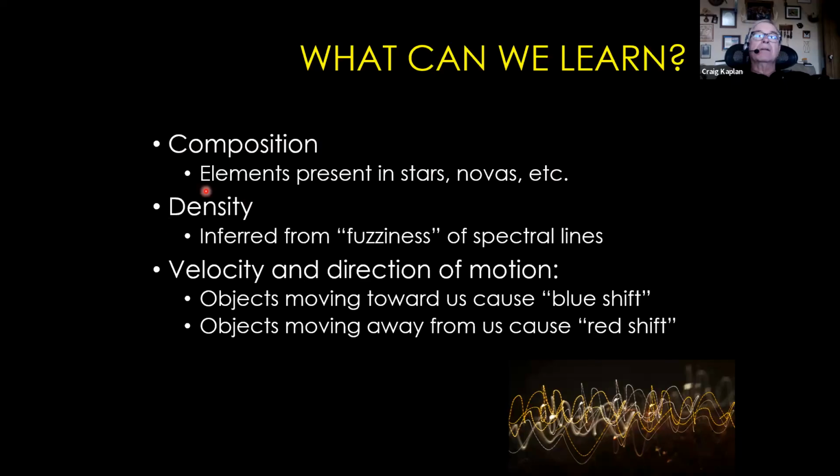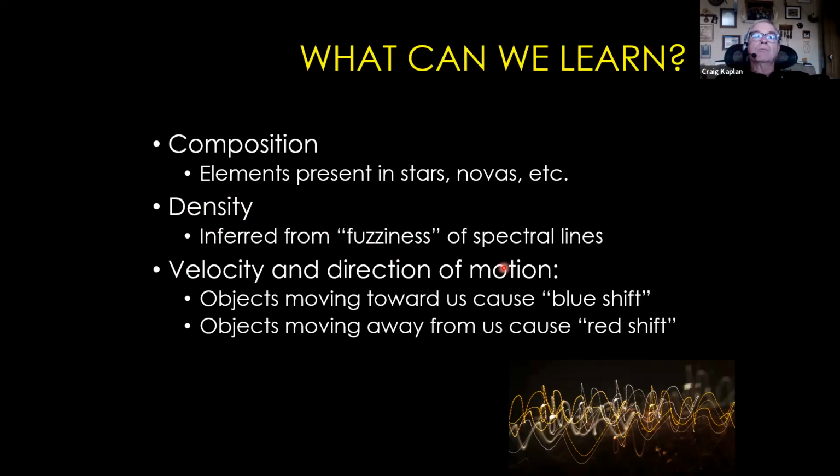Actually, the density can be inferred in ways that I don't fully understand. When a very dense object causes the spectral lines to become fuzzy, this fuzziness can be quantized and converted into a measure of how dense the object is that we're looking at. Velocity and direction of motion can also be determined.